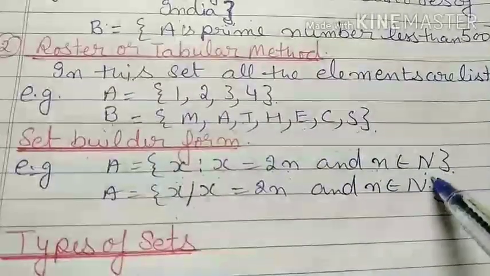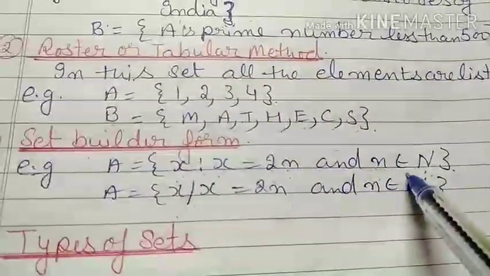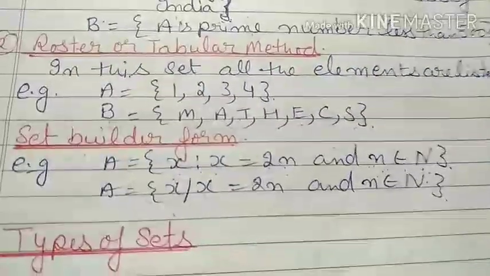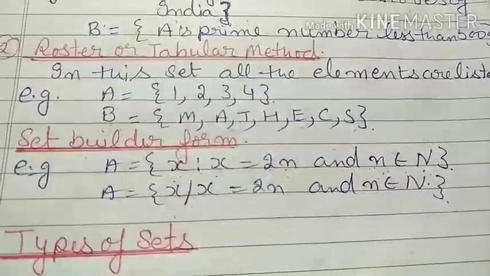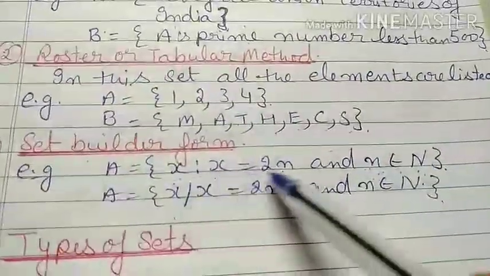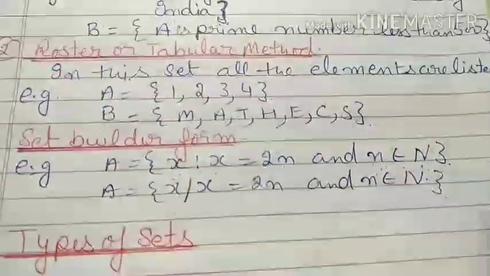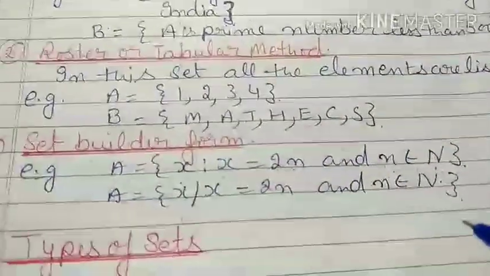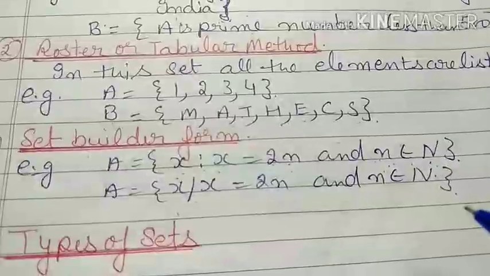If I consider the natural numbers, no condition is written here, so it goes on to infinity. I can choose any number between 1 and infinity. So in this case this set becomes infinite, because this set has no end, since the natural numbers have no end.